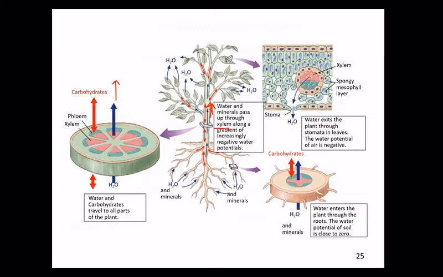As it gets more negative, water will move towards that. In the case of the phloem, however, we've already mentioned that the phloem is able to move in both directions. This too, in a different way, which I'm about to explain, shows the relationship to water potential.